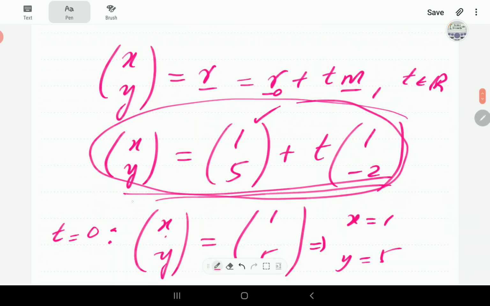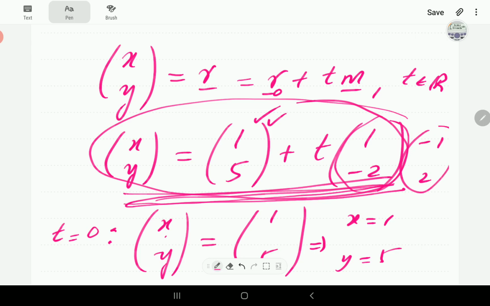Okay, so what this is saying is that this vector form can take different versions depending on which point we chose here. This one we could multiply by a non-zero constant again. So for instance, we could use (-1, 2).